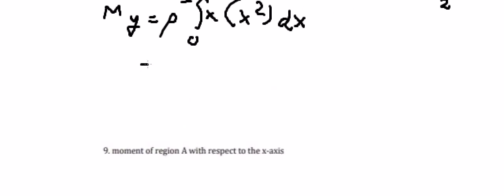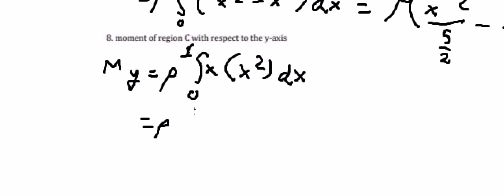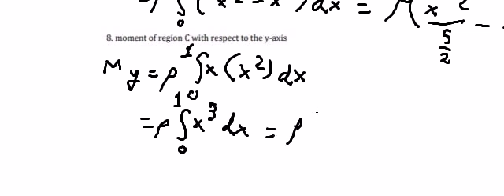This one you get p, and this one you get s to the power of 3 ds. So this one you get p s to the power of 4 over 4 from 0 to 1, and you get p over 4.